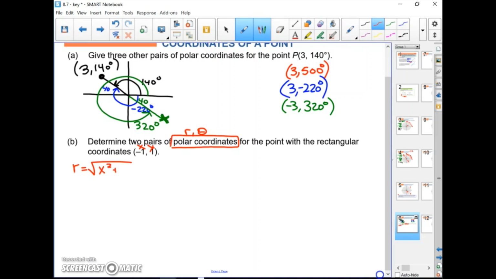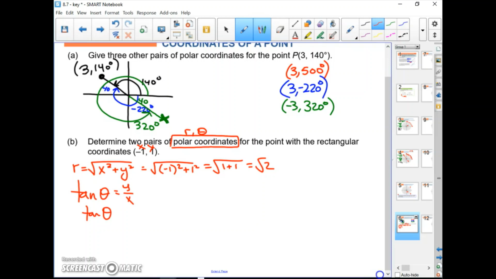We know the formula looks like this. We've used it for the last 3 lessons. So square root of negative 1 squared plus 1 squared, that's square root of 1 plus 1 or square root of 2. That's the magnitude, the r value. As for my direction, tangent theta equals y over x.